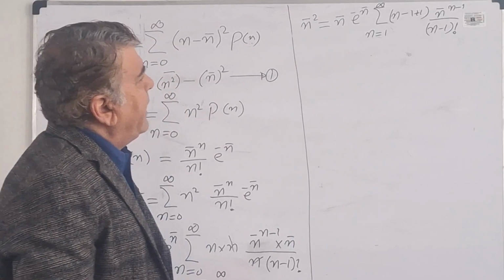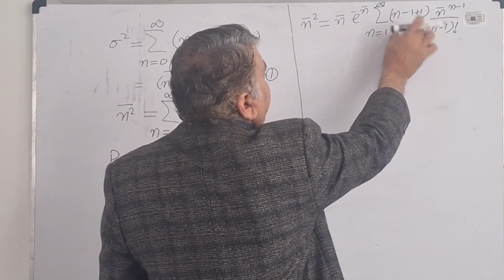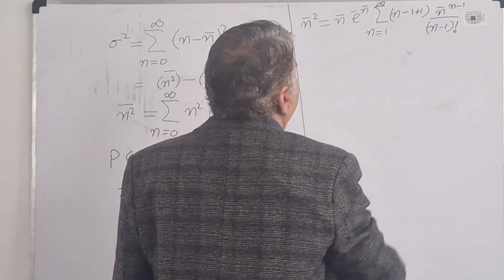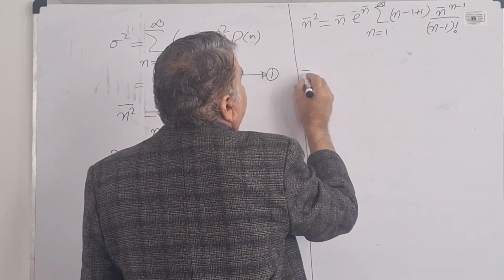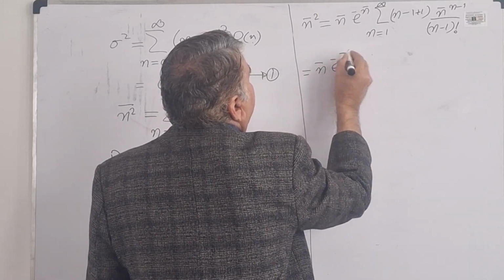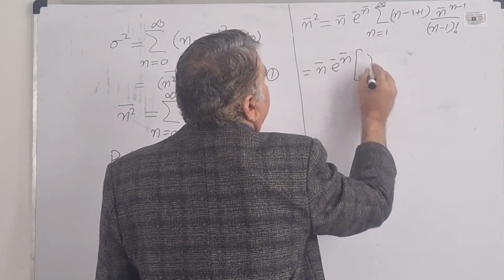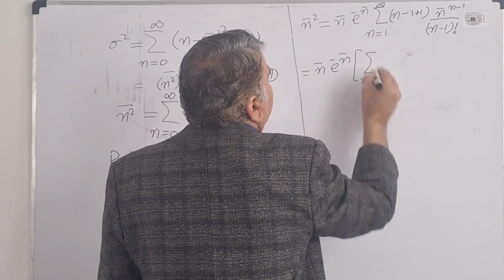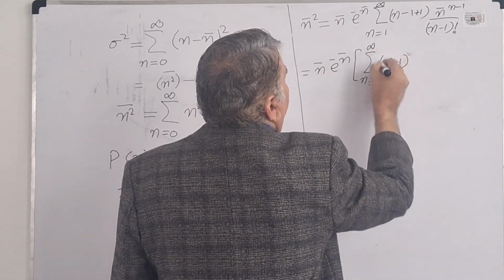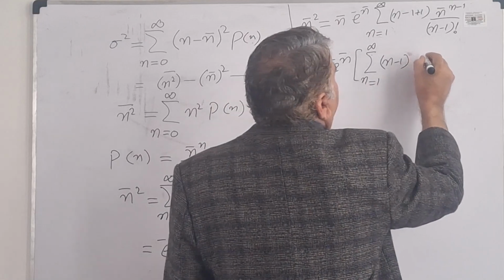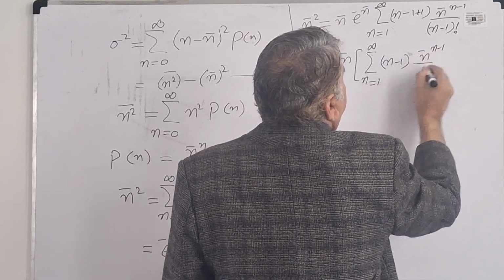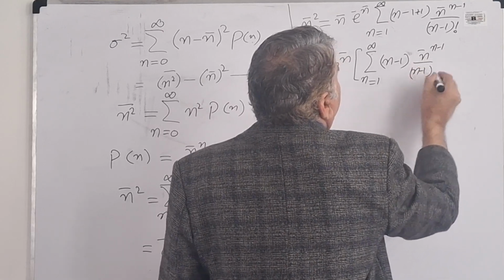Okay, now again I can split this summation into two summations, one for n minus 1 and the other just for 1, and doing that I can rewrite this relation as n bar exponent minus n bar, the whole multiplied with the sum over n equals 1 to infinity of n minus 1 times n bar to the power n minus 1 divided by n minus 1 factorial.